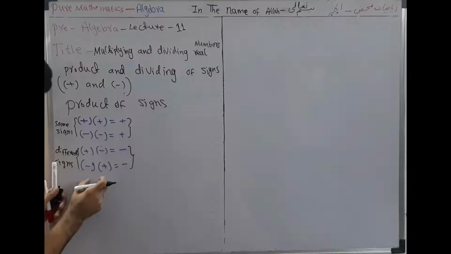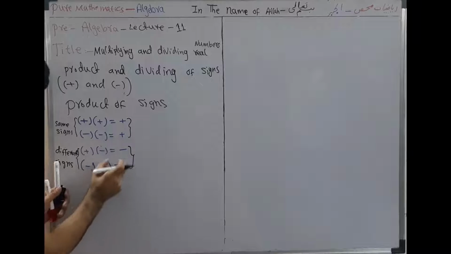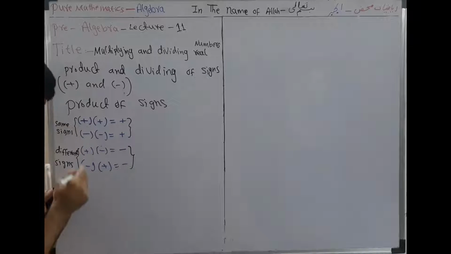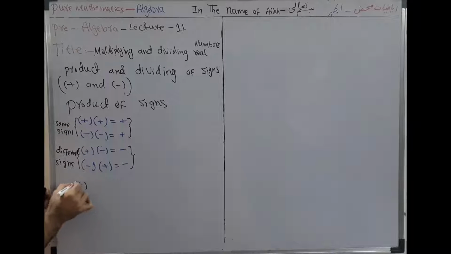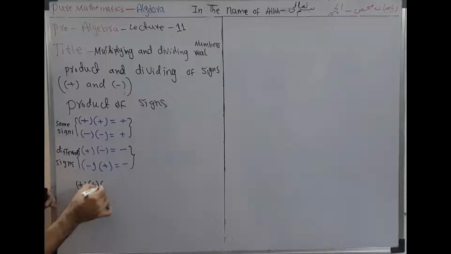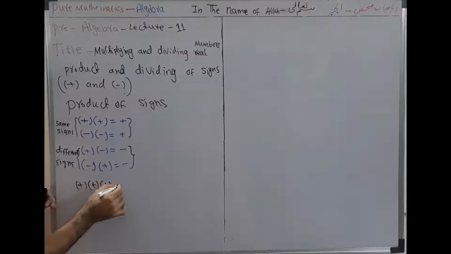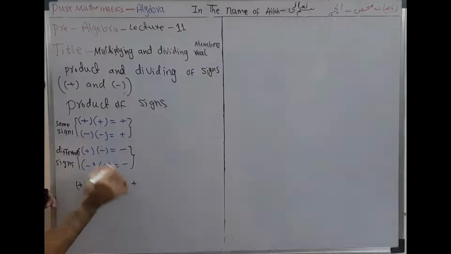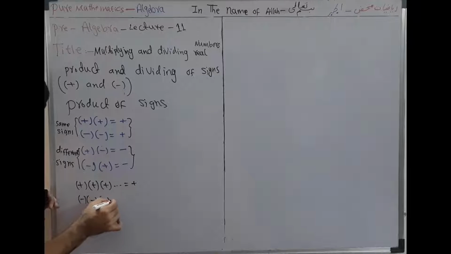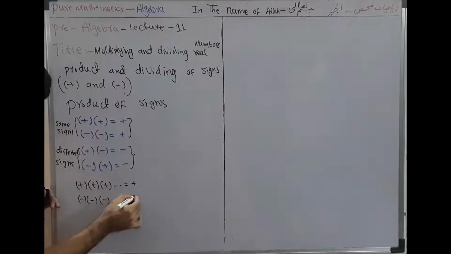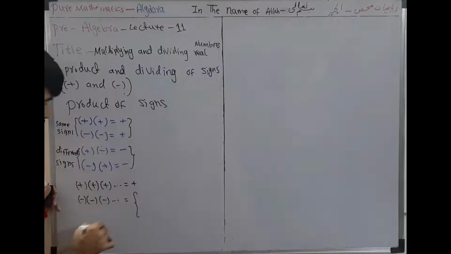The product of different signs will be negative. Plus multiplied by plus, and so on, is equal to plus. Negative multiplied by negative, and so on, is equal to positive.